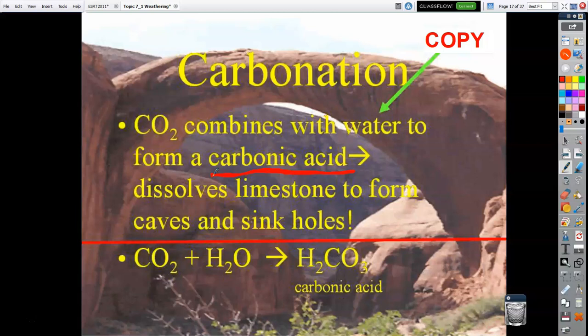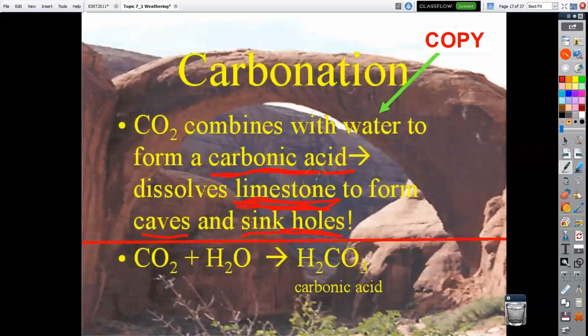Calcite is in two rocks in particular, limestone, which is sedimentary, and marble, which is a form of limestone. A lot of your ground has limestone in it, and when that carbonic acid, which is just rain with carbon dioxide, forms a very weak acid, it's going to eat away at that limestone to form caves and even sinkholes.